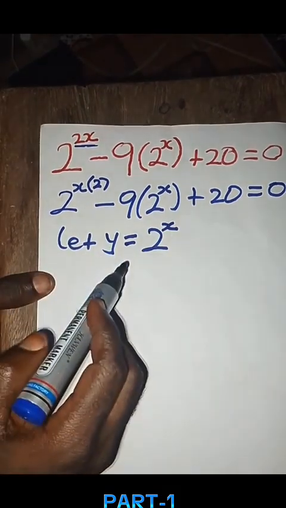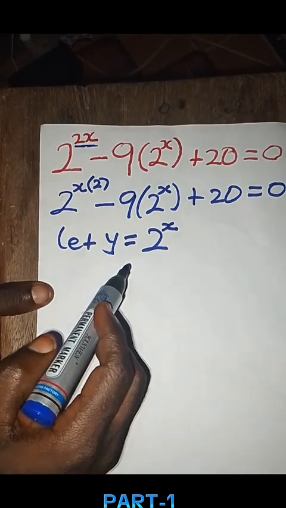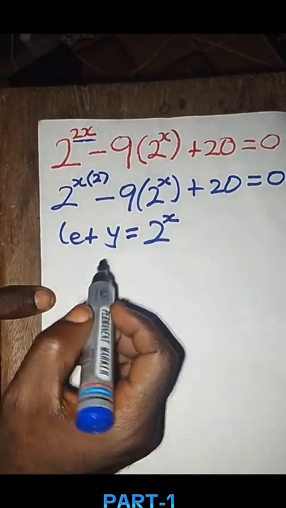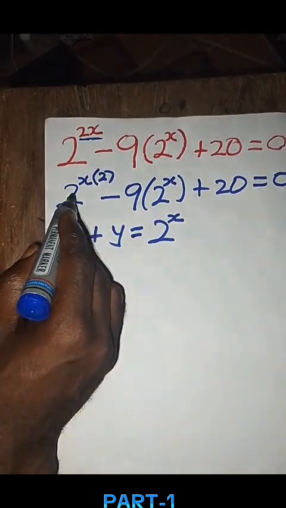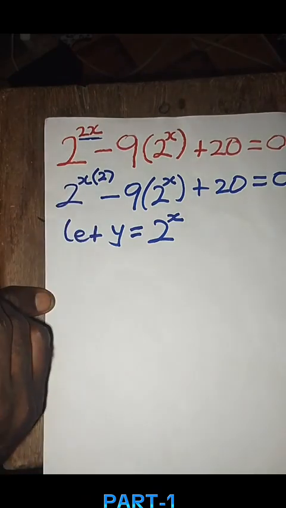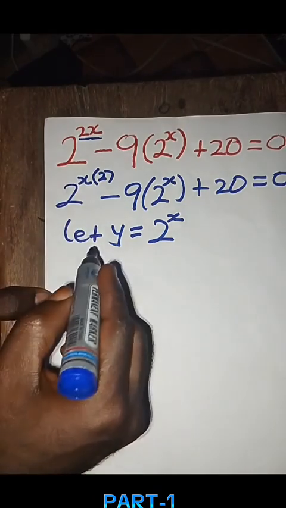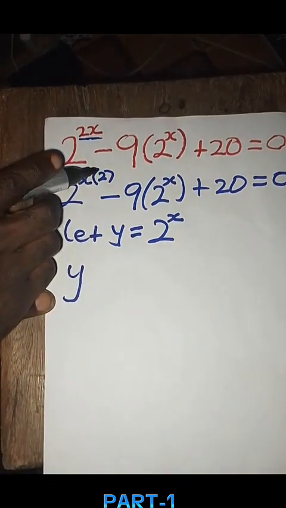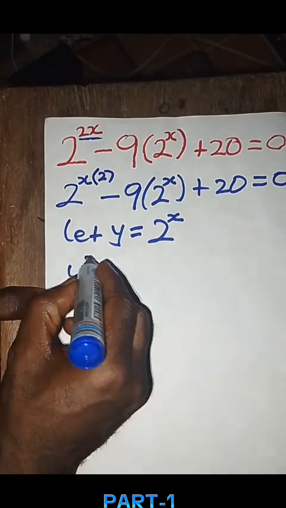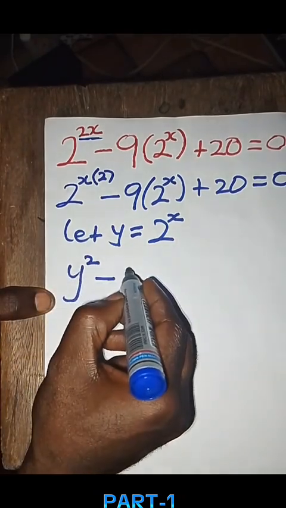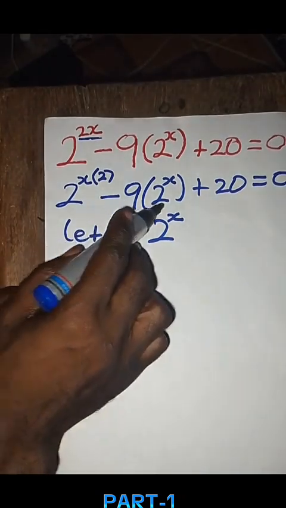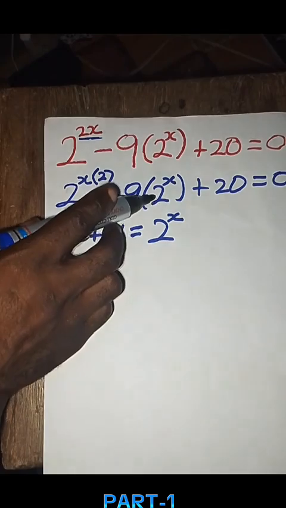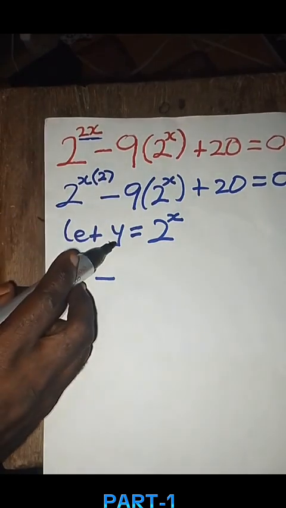So anywhere you see 2 to the power x, you replace it with y. So the first one, 2 to the power x, will now be y, but we have a power here that is 2. So we now have y squared minus 9 times 2 to the power x, which is the same as y, because the value of 2 to the power x has been replaced with y.